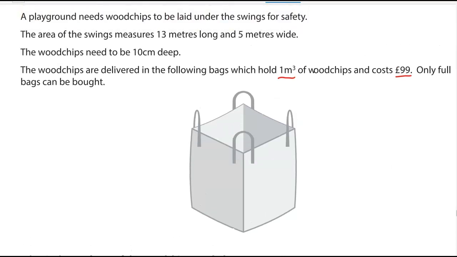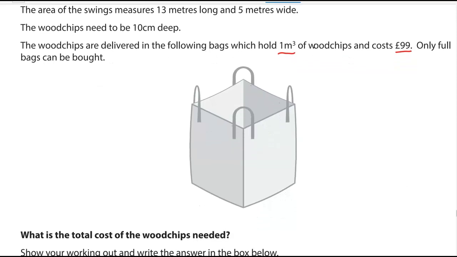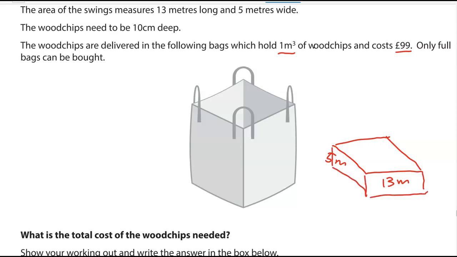You can imagine the area where the wood chips are laid to be looking like this. So we've got length 13 meters, width being 5 meters, and depth being 10 centimeters.